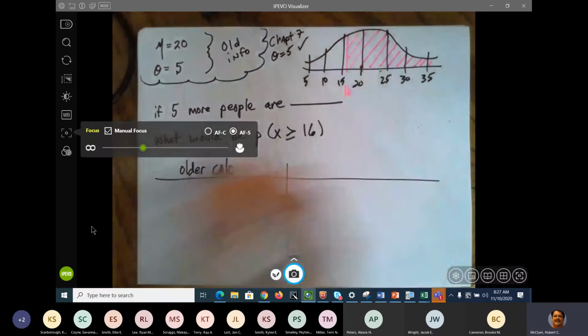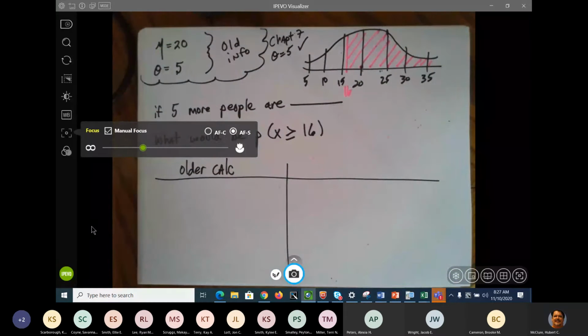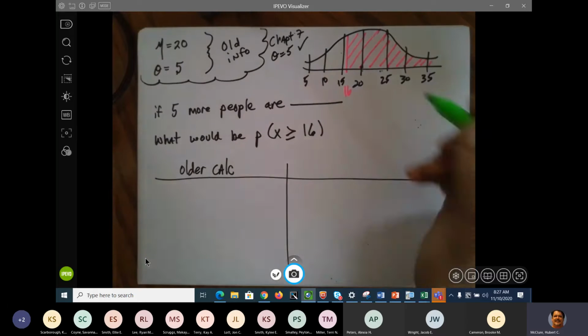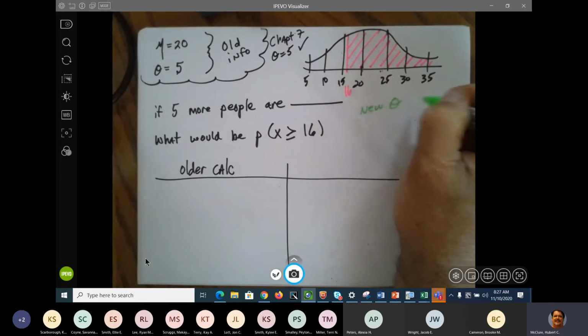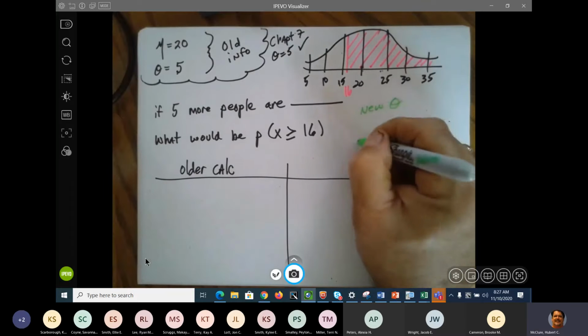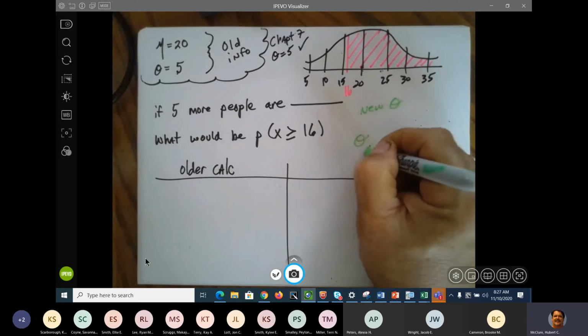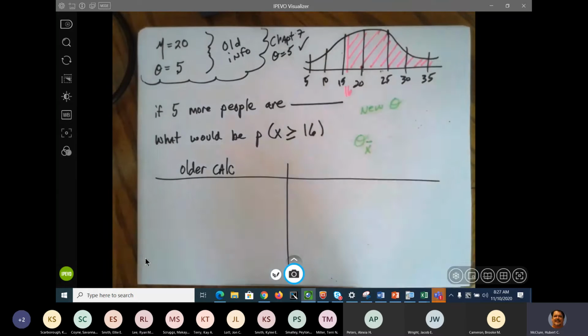So I'm going to take my green marker, and I can't use dark green because it'll look like black. So I've got to get a new standard deviation, which is called sigma x bar.